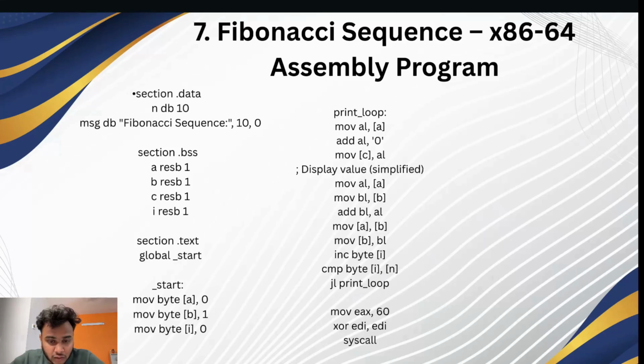It then enters a loop where it prints the current value, adds the two previous numbers, and updates them for the next iteration. The loop continues until 10 numbers are generated. This program demonstrates basic assembly programming concepts such as data movement, arithmetic, and control flow using loops and comparison. Let's move to the ninth slide, which is the conclusion.